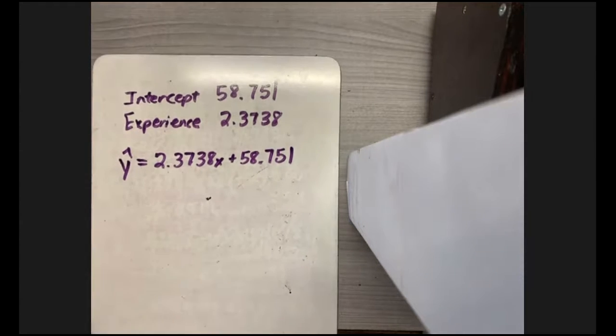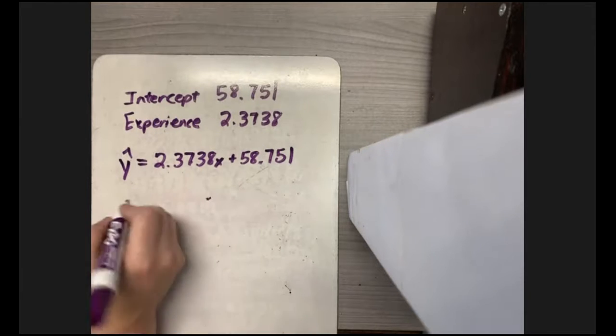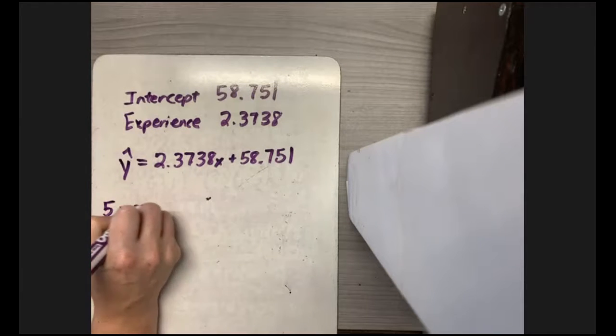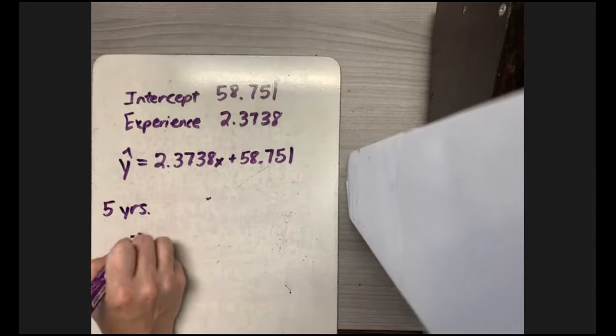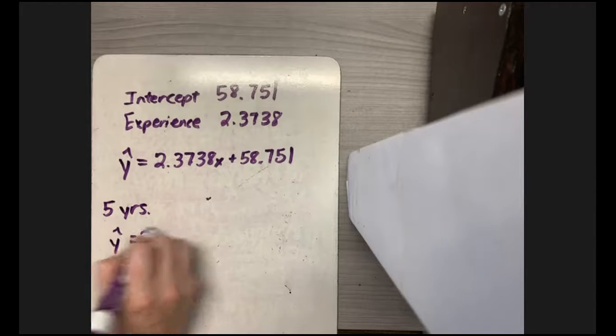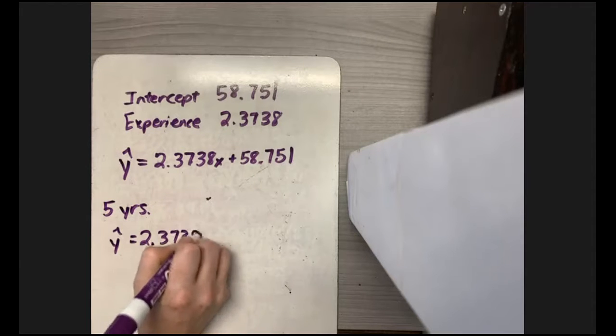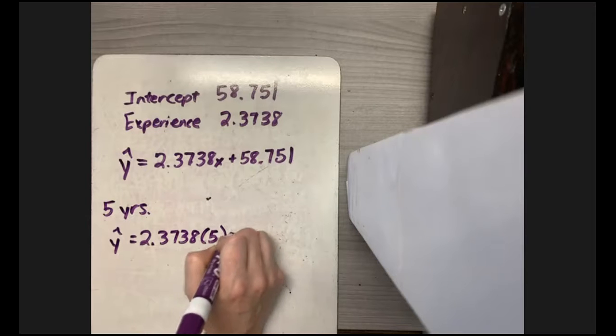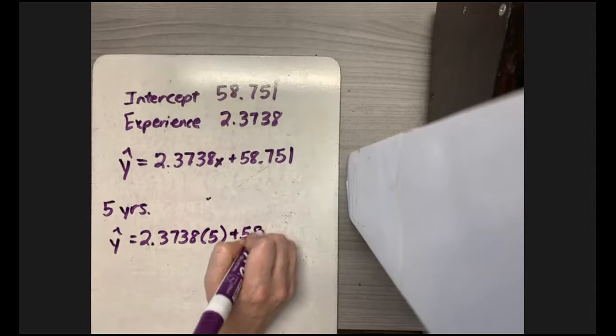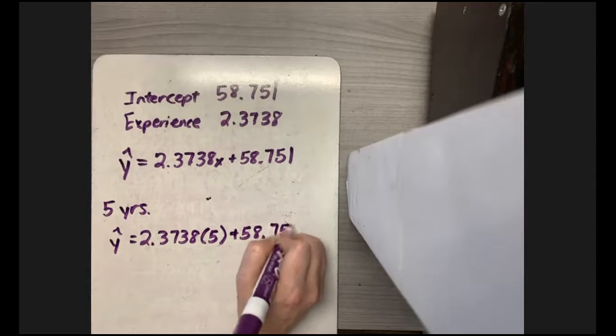And if they wanted us to then predict, they were talking about the number of years of experience is what X represents here. If they wanted us to do for 5 years of experience, then we would do 2.3738 times 5 plus 58.751.